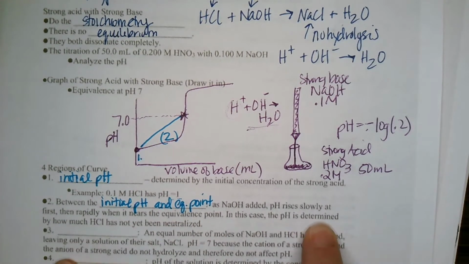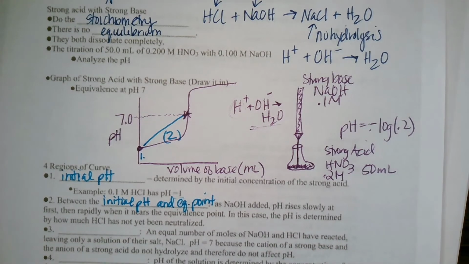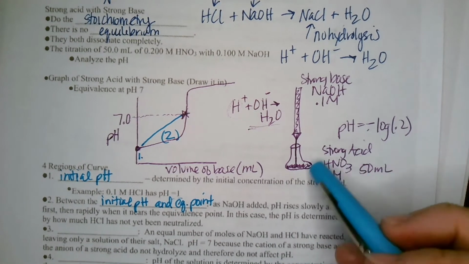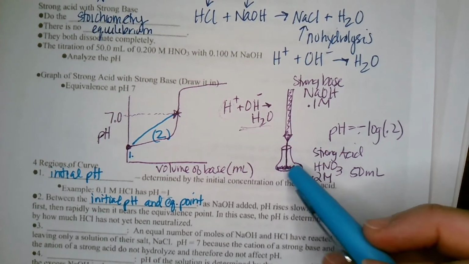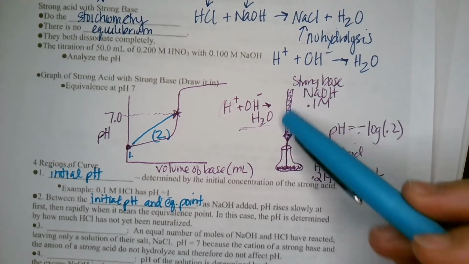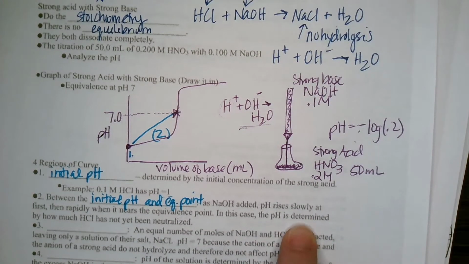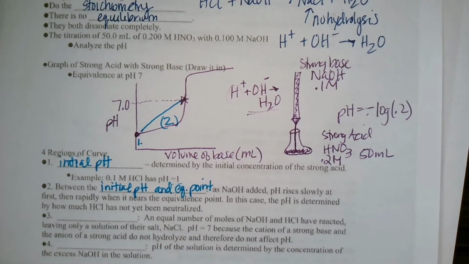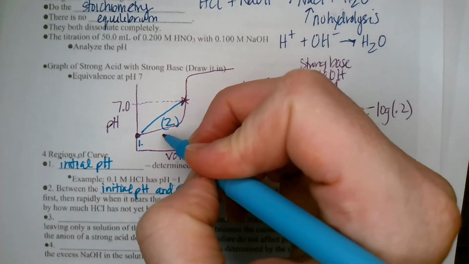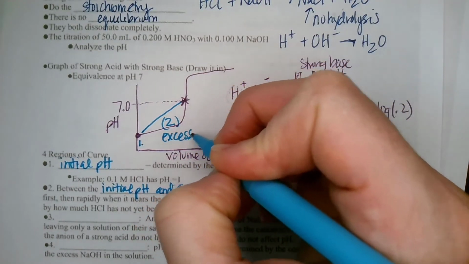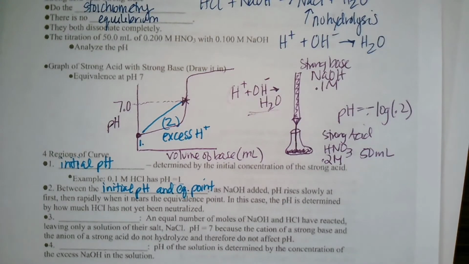In this case, the pH is determined by how much HCl has not yet been neutralized. Because remember, we are using up our, in this case, HNO3, we have a limited quantity of it, and we're going to keep adding base. So we're using up those hydrogen ions. So in this section, section 2, we have excess acid, and that's what's going to help us find that pH.